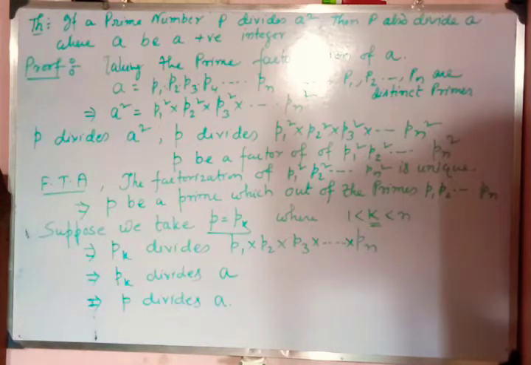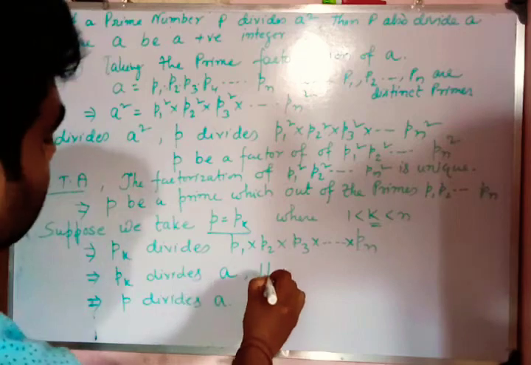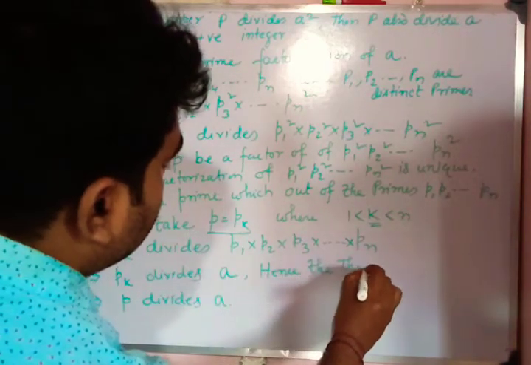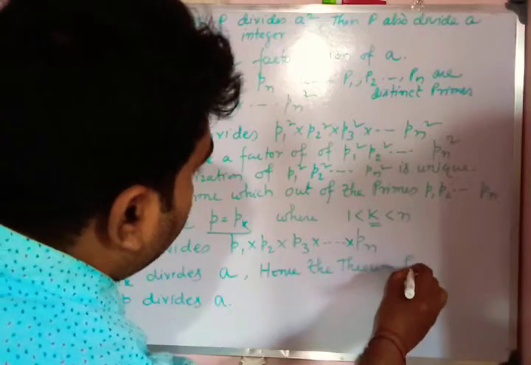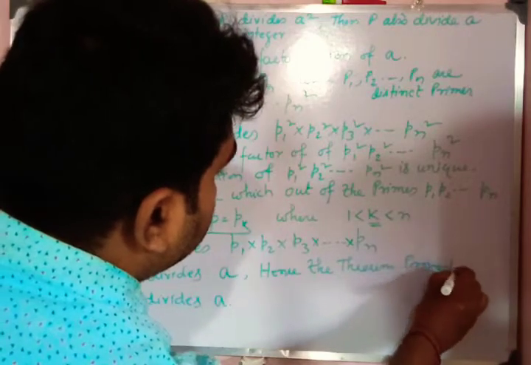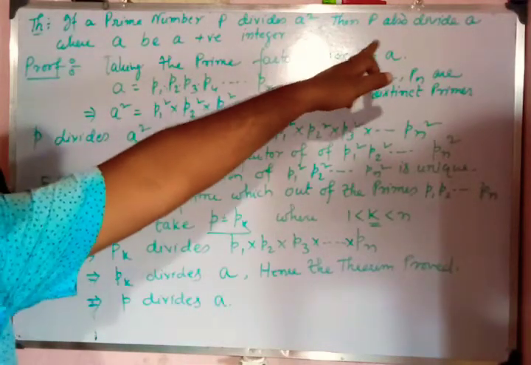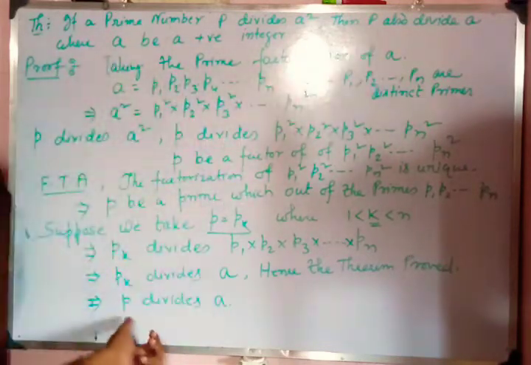Hence the theorem is proved. That is, if P divides A square, then P also divides A, where A is a positive integer.